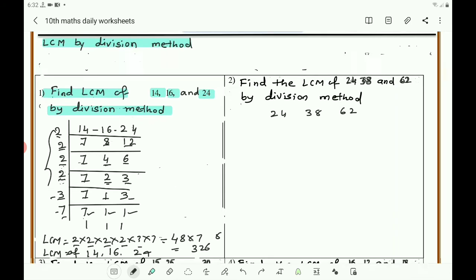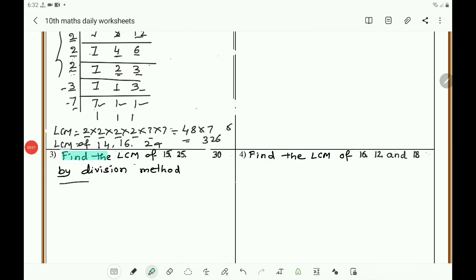By the division method. Find the LCM of 15, 25, 30 and find the LCM of 16, 12 and 18, by division method.